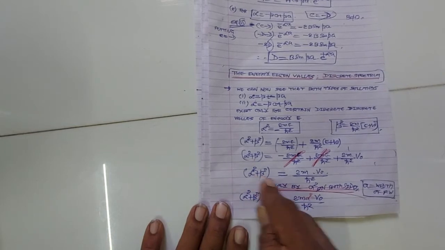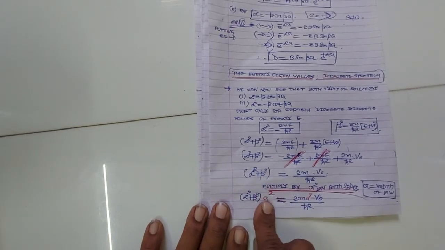Alpha square plus beta square multiplied with a square is equal to 2mV0 upon h cross square multiplied with a square, right? On the left side I multiplied by a square, and on the right-hand side also I multiplied by a square.